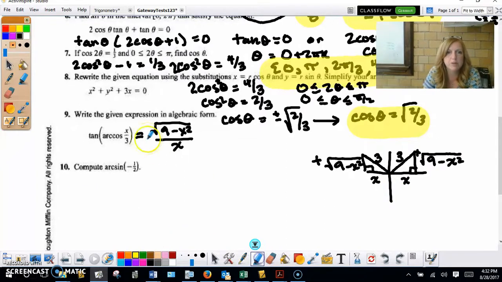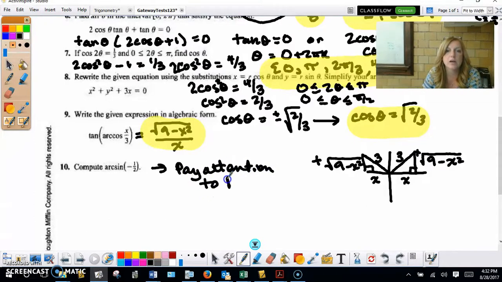And then our final problem in our trig review packet is find the angle whose sine is -1/2. This is where you do need to pay attention to the principal value range, and you do need to know them for each of the trig functions. For the sine principal value range, you're always returning answers from -pi/2 to pi/2.